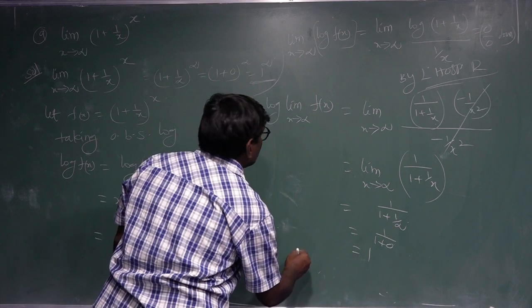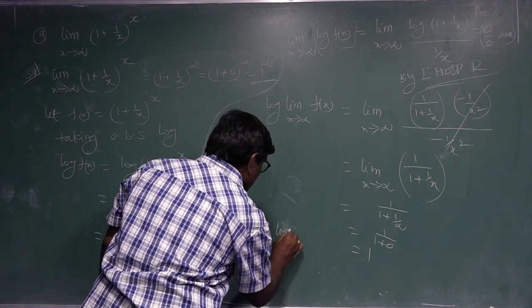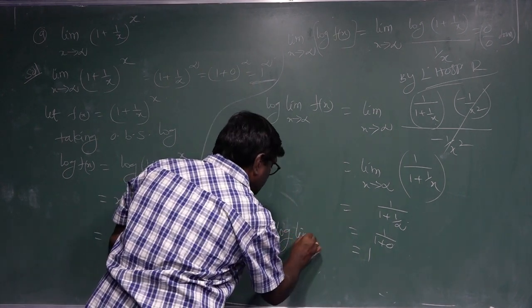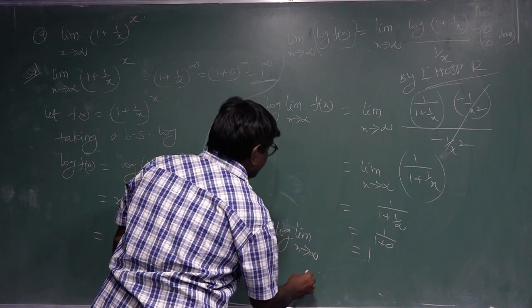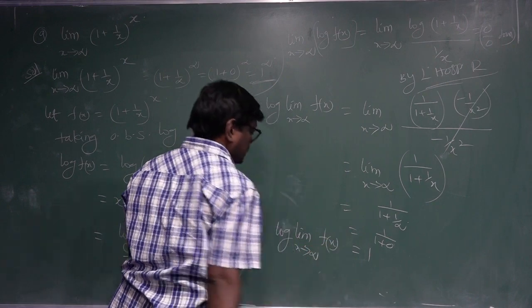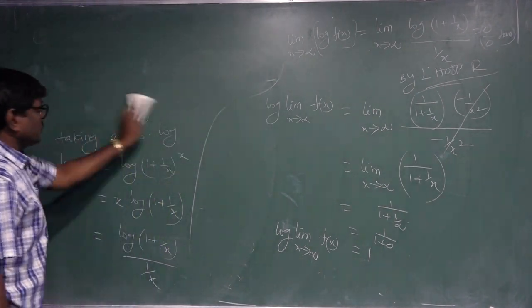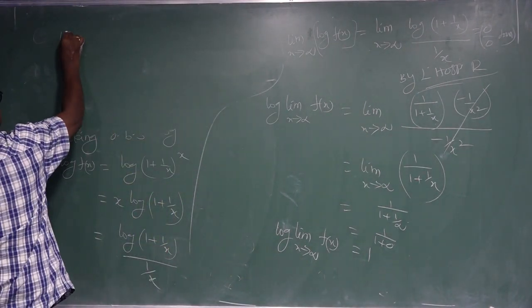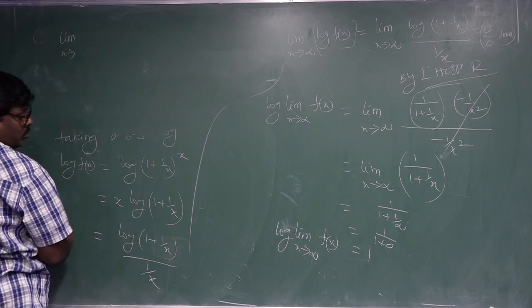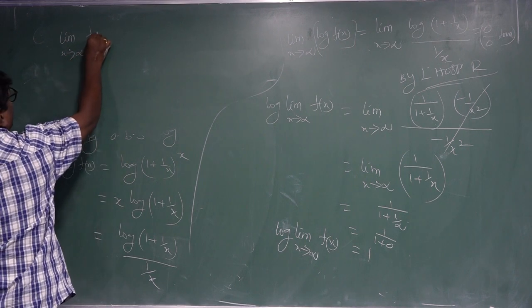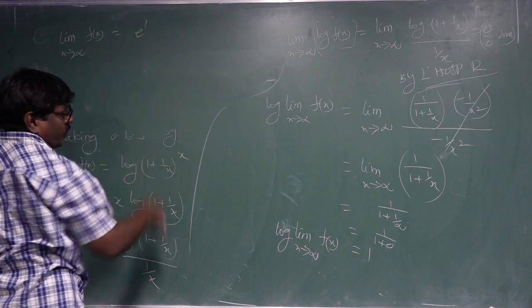This is log of limit as x tends to infinity of f of x equal to 1. Using the logarithm formula, log inside and e outside, limit as x tends to infinity of f of x equal to e power of 1.